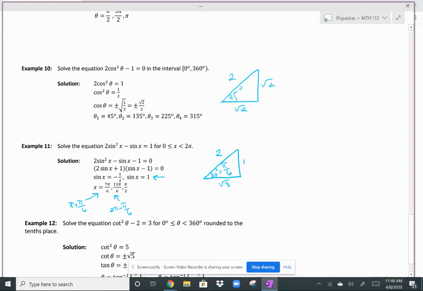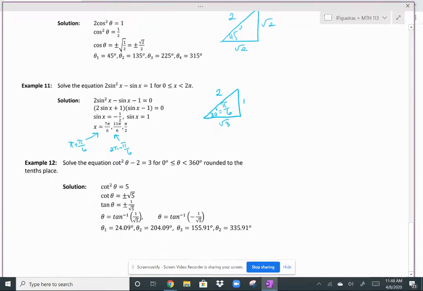Now we have to worry about the other answer here, that sine of x is equal to 1. That's again a quadrantal angle, and if you recall on the unit circle, sine is equal to 1 when your angle is 90 degrees or pi over 2. So you have 3 solutions: 7 pi over 6, 11 pi over 6, and pi over 2.